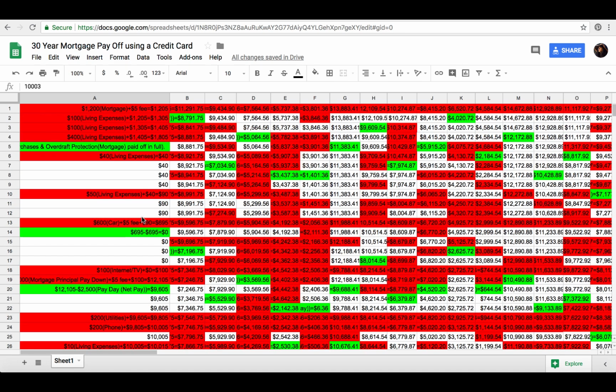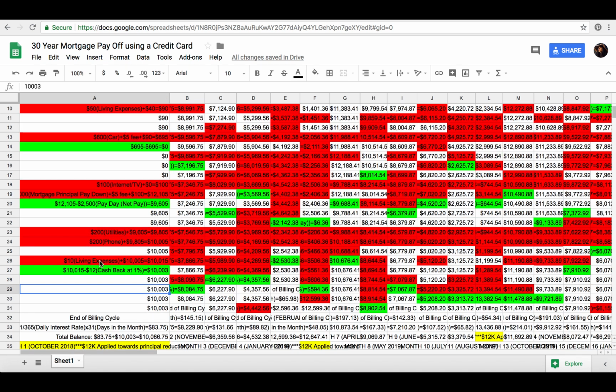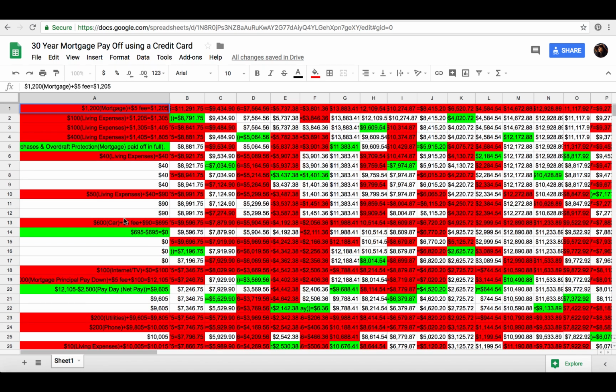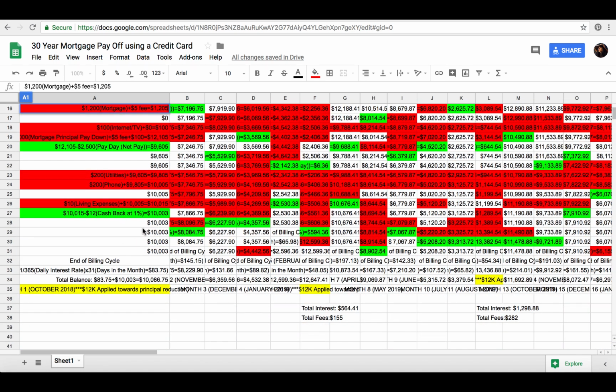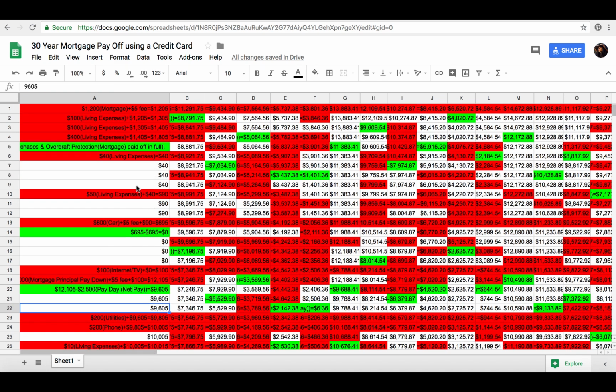Now, I know some people were asking, why would you want to use that credit card for everything? Why not just use this credit card once and put the $12,000 towards the principal paydown? Right? So why not just take this and apply it on day 1 and then just pay the extra $2,000 on the due date whenever that payment is due for this card, and then not have to worry about any of this?